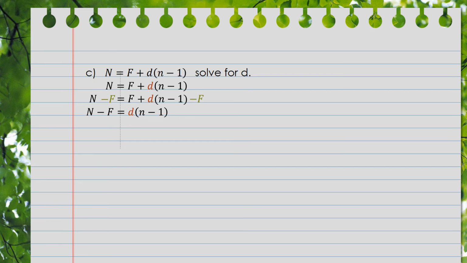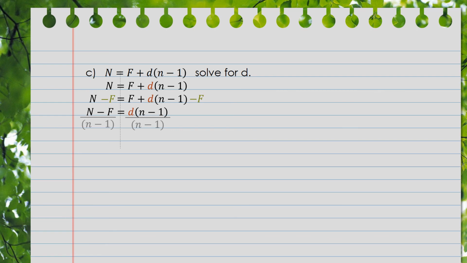It's touching this quantity wrapped inside the parentheses. Well, if D is touching the parentheses, that implies multiplication. So how do we undo multiplication? We simply divide. So we divide the right side by N minus 1 as long as you divide the whole entire left side by N minus 1 as well.